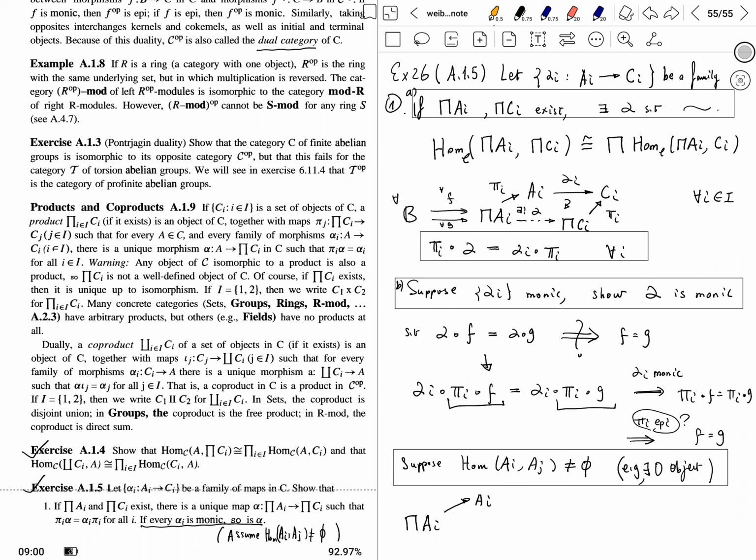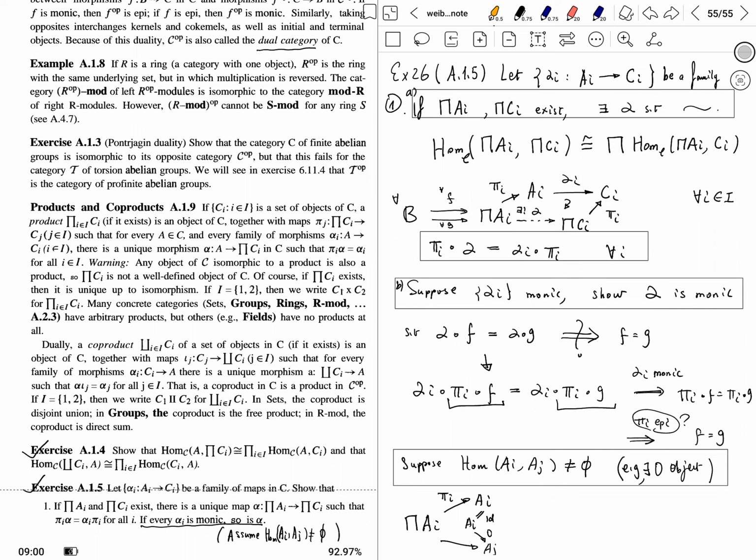I'm going to construct another map by defining this to be the identity on A_i, and on any A_j different from i, some morphism in this hom set. For example, if there is a zero object, you could put the zero morphism, but it's not necessary.